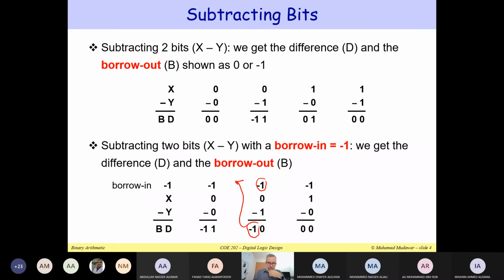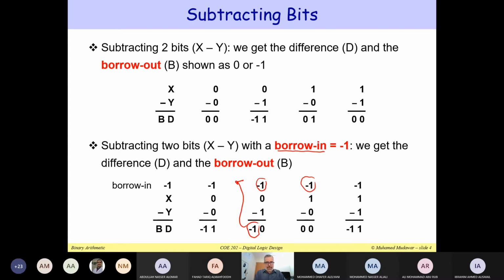Let us take a look here at the remaining 2 cases. Now notice that here my borrow in is the minus 1. That's my borrow in. I can borrow it from 1. So basically this minus 1, I can borrow it from this one. So it becomes 0. So 0 minus 0 is 0, and there is no borrow out. So there is no borrow to be propagated.